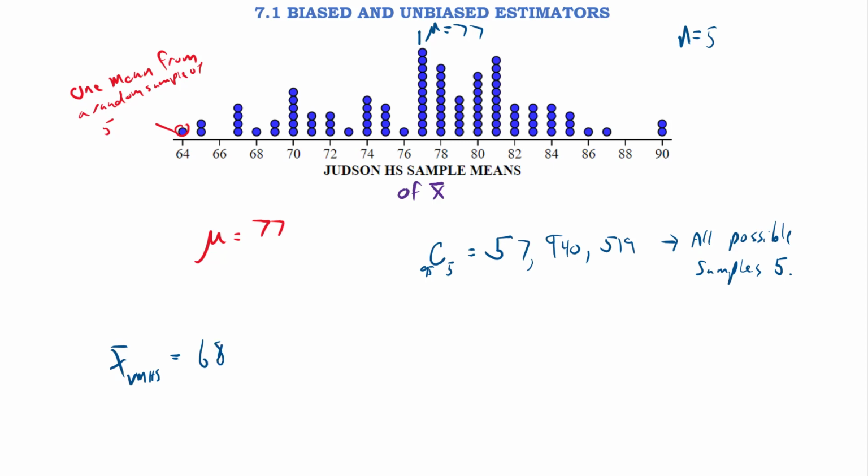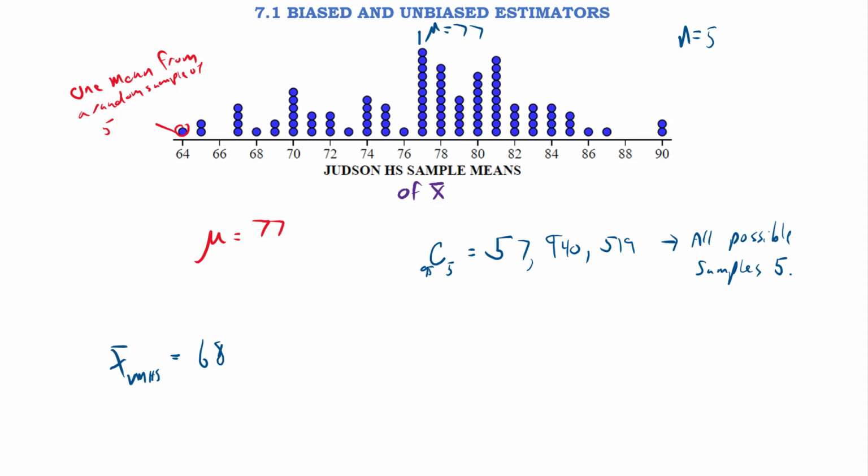So you guys struggled a little bit on it, so you only got a 68. Well, is there convincing evidence that you guys did worse than the students at Judson High School? To do that, let's look at this.